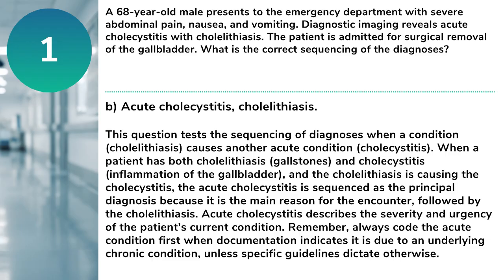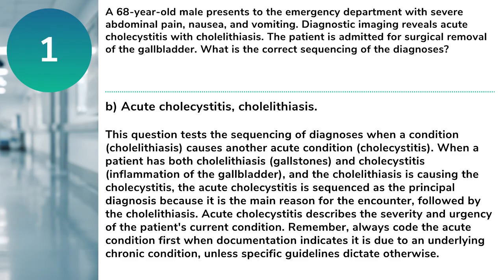This question tests the sequencing of diagnoses when a condition, cholelithiasis, causes another acute condition, cholecystitis. When a patient has both cholelithiasis, gallstones, and cholecystitis, inflammation of the gallbladder, and the cholelithiasis is causing the cholecystitis, the acute cholecystitis is sequenced as the principal diagnosis because it is the main reason for the encounter, followed by the cholelithiasis.